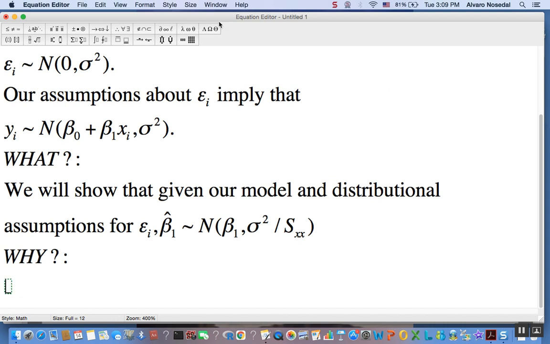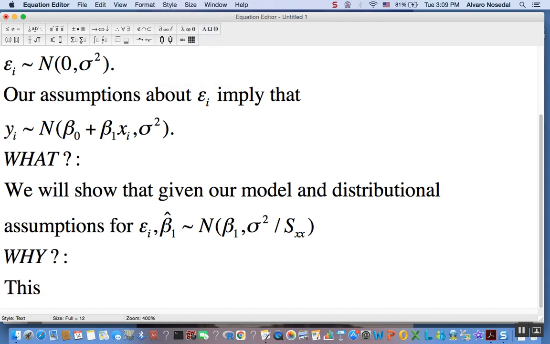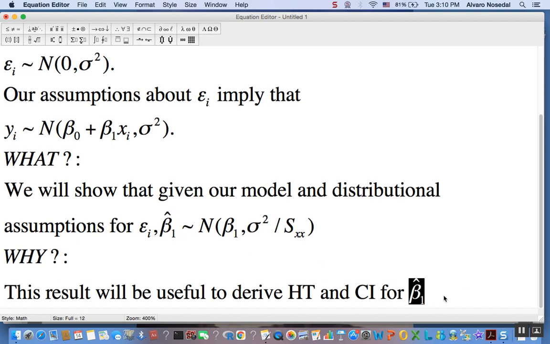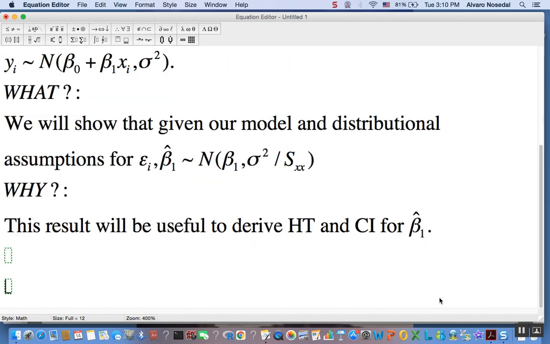This result will be useful to derive hypothesis tests and confidence intervals for our estimator beta 1. Okay, great.